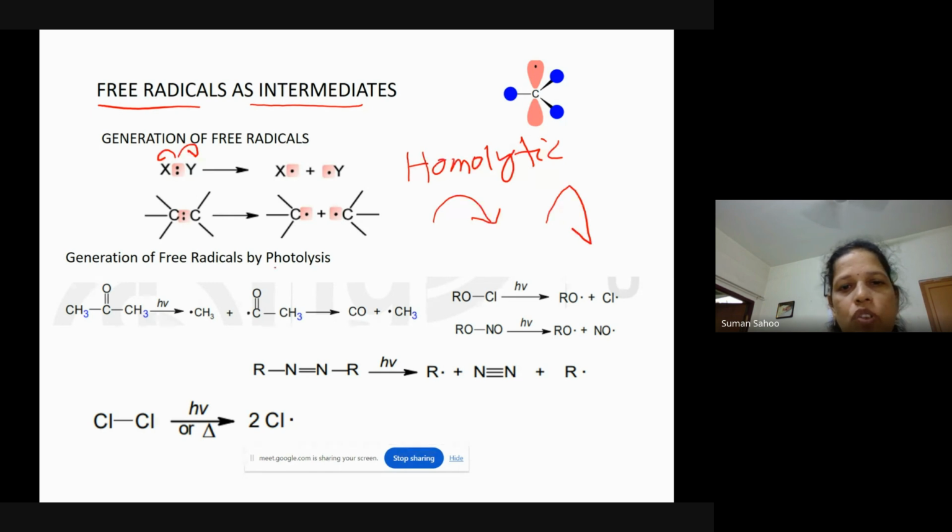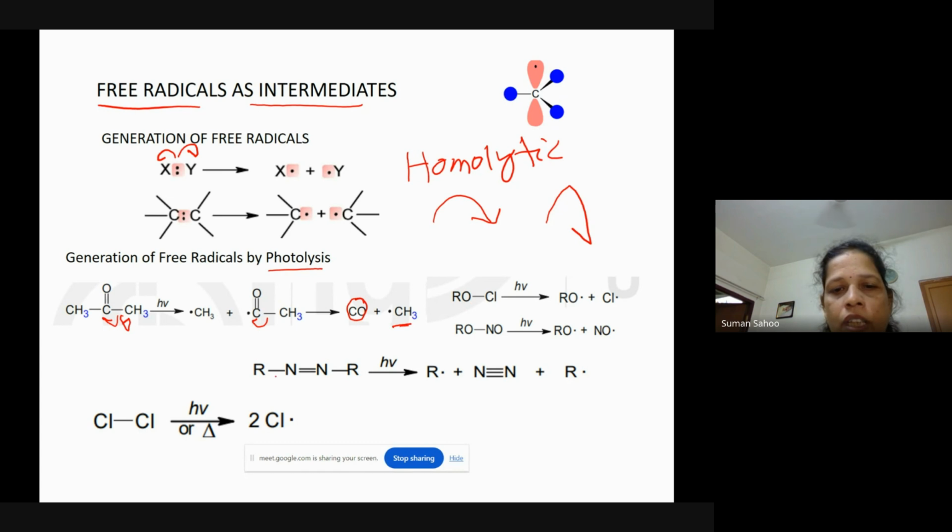So we do it by many methods. One is photolysis, like in presence of light. If you see this ketone in presence of light, it first cleaves homolytically to give you an acyl radical as well as a methyl radical. Again, this acyl radical undergoes bond cleavage to give you carbon monoxide and a methyl radical.